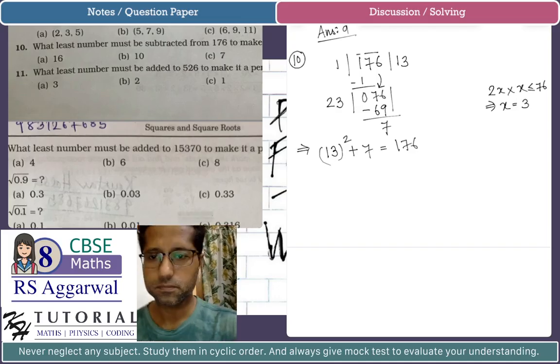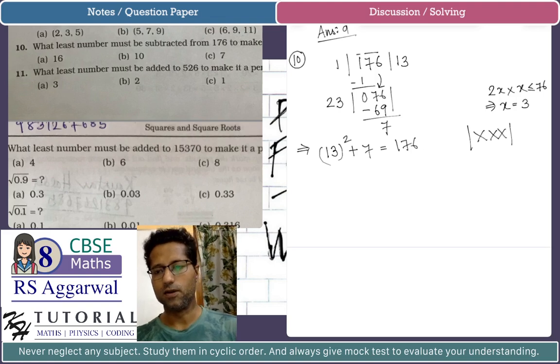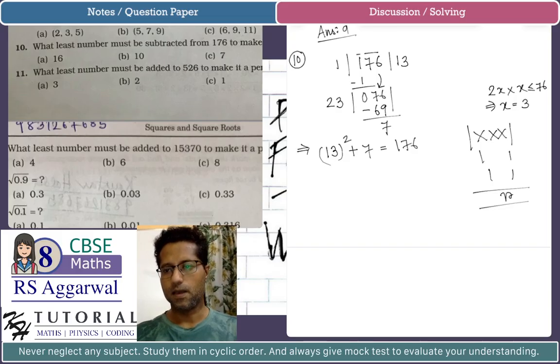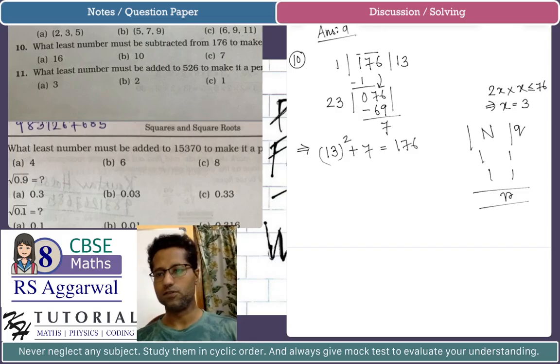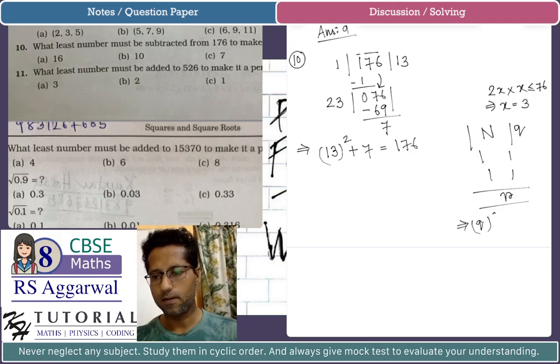Always remember that if you do a long division to find a square root, let's say the number is n, and after a lot of steps you have found that the final quotient is q and the final remainder is r, this implies that q square plus r is equal to n.